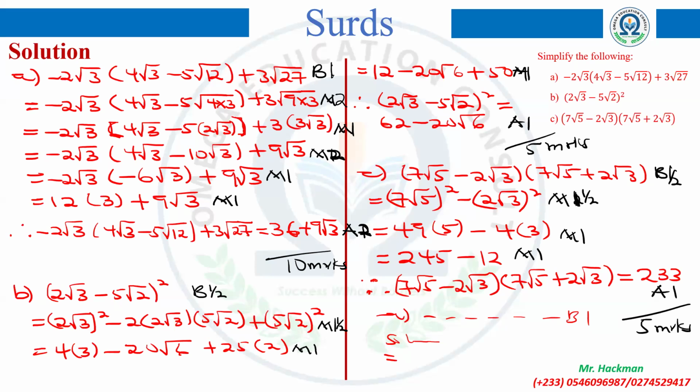Yes, sir. Okay, so please, if you are part of those who do that, from today, I've told you, anytime you write a question, if you want to write the questions anyway, you write all the questions. After that, the first thing you write is solution, followed by the question number. If you don't number appropriately too, it will be M0, A0. You know the basic rules. Learn to protect your marks.